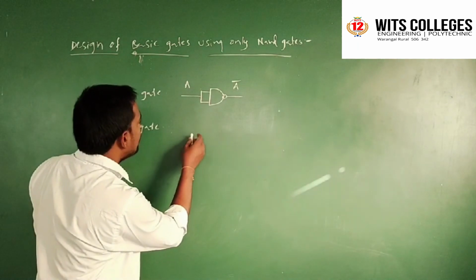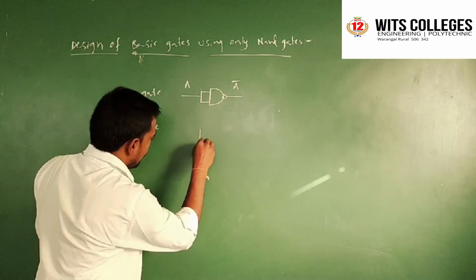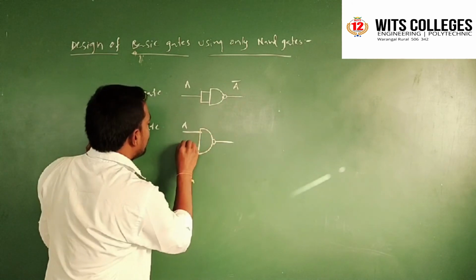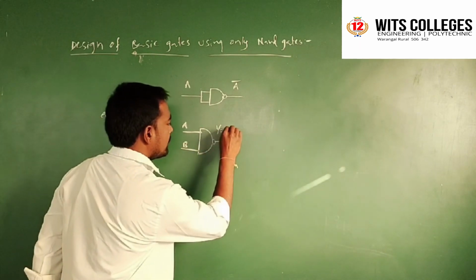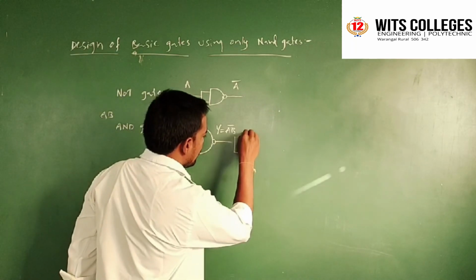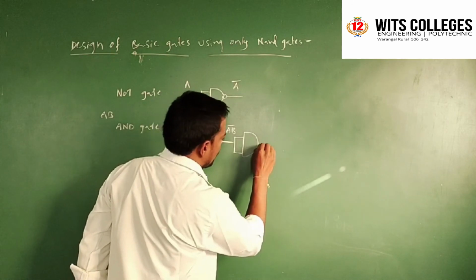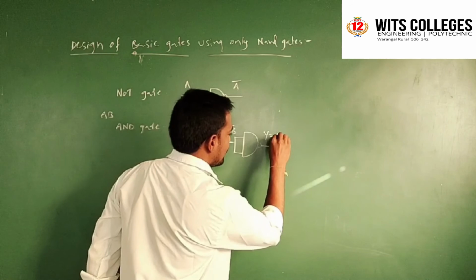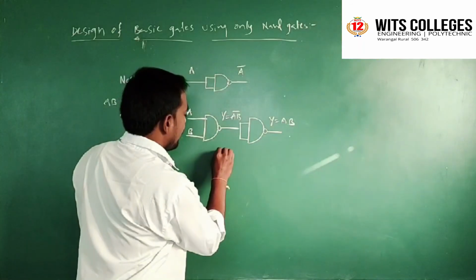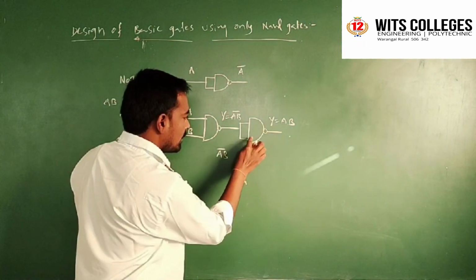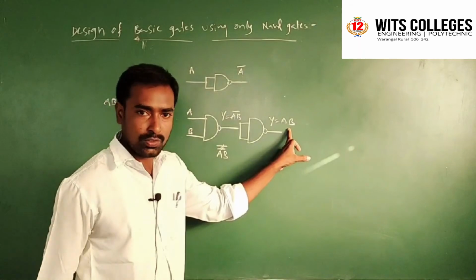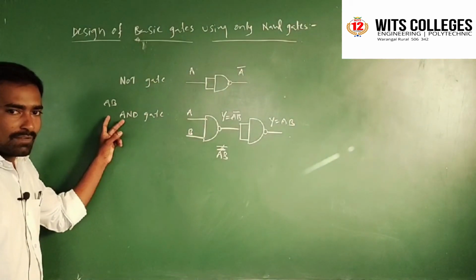So here I am using one NAND gate, A and B both are inputs, and here we are getting Y equal to A into B whole bar, and this output is again connected to one NOT gate, then we will get Y equal to A into B. So this is the equivalent AND gate: A into B whole bar gives the complement again, then both complements are cancelled, and we get Y equal to A into B.